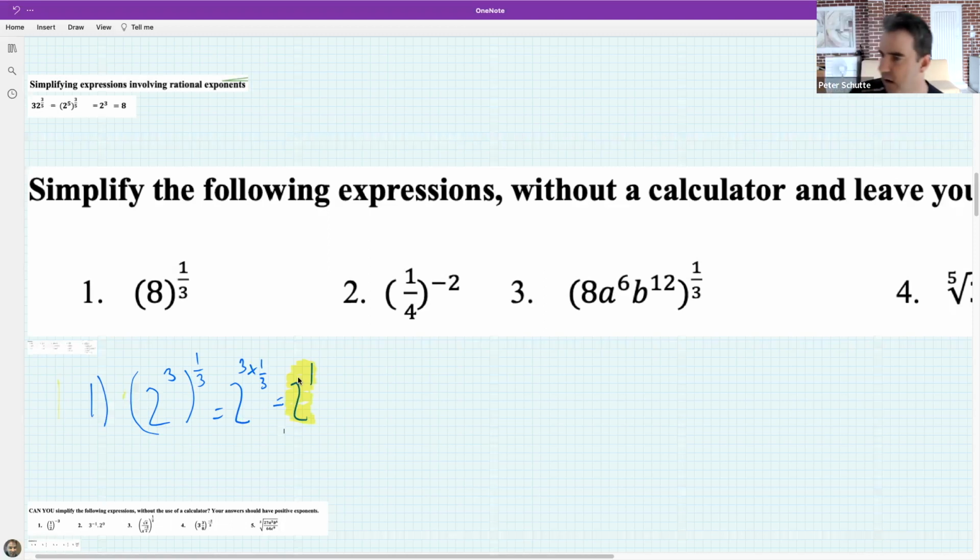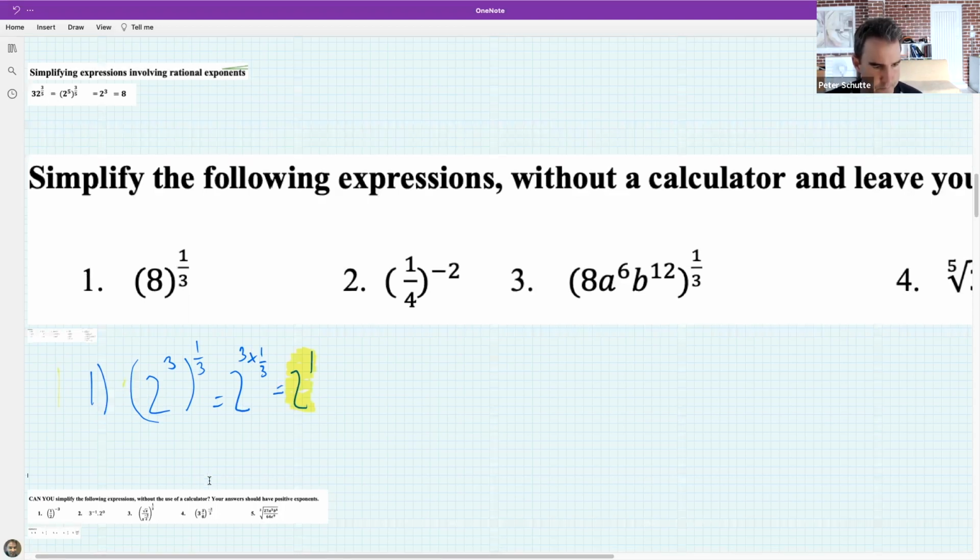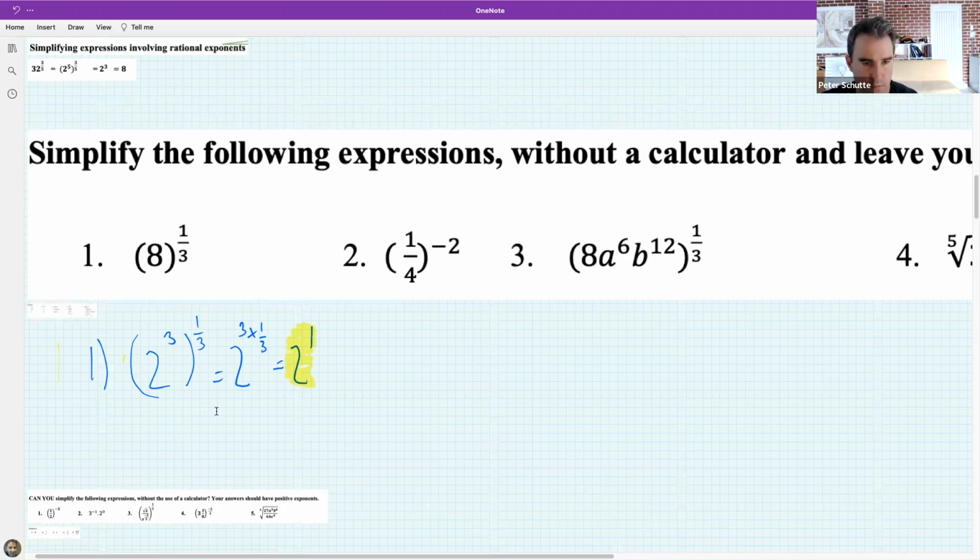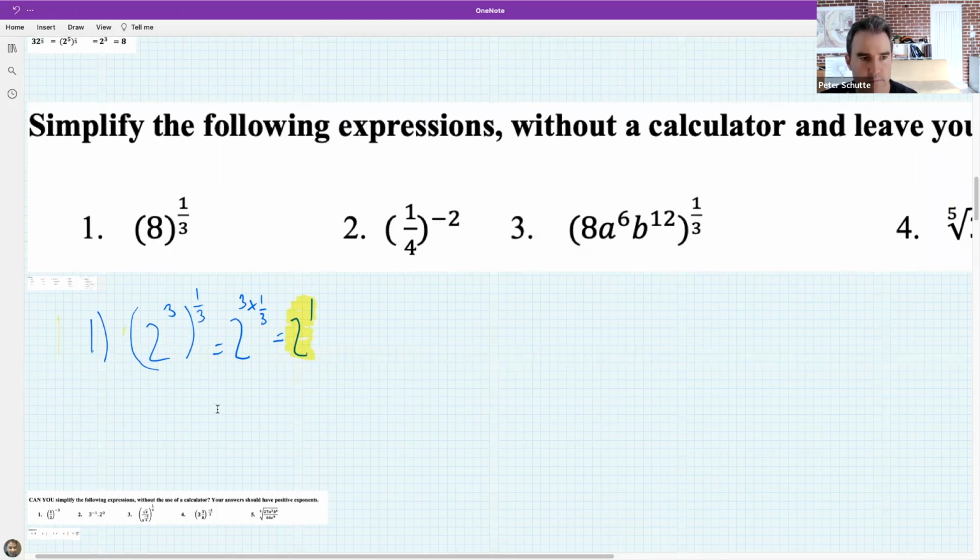Well done, DeCarlo, and well done all of those who got that right there. Let's see if you can do number 2. You'll see how the question says, solve the following expressions without a calculator.